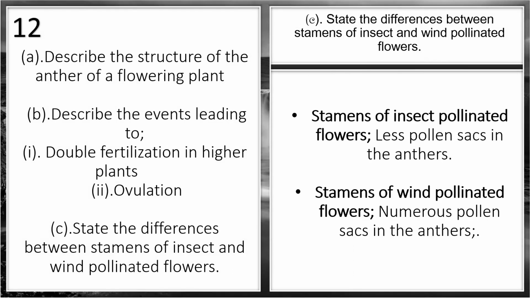The stamens of insect-pollinated flowers have fewer pollen sacs in the anthers, whereas wind-pollinated flowers have numerous pollen sacs in the anthers.